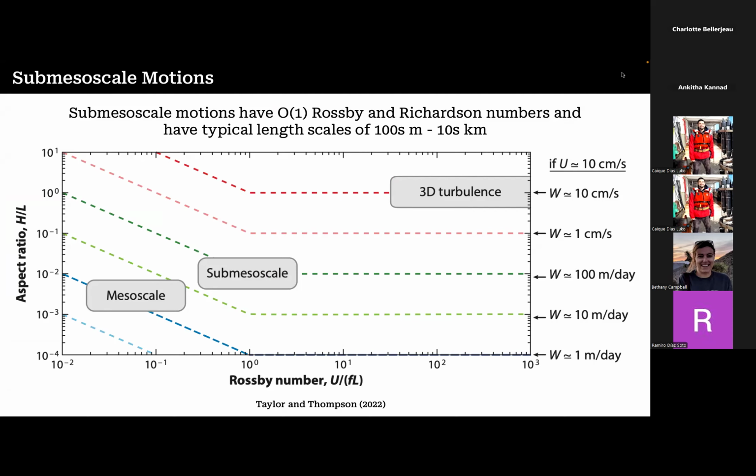This means that at these scales, both the planetary vorticity and the relative vorticity are important for your dynamics. Basically, in the Navier-Stokes equations, your advective terms become important. And the Richardson number of order 1 means that you're in scenarios where mixing starts to be important.